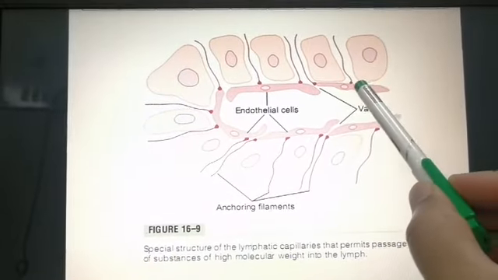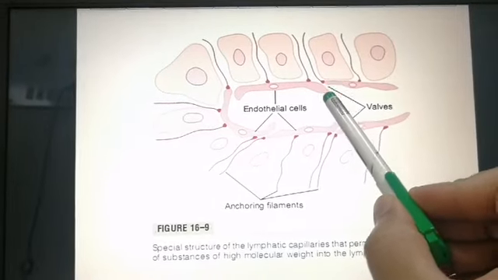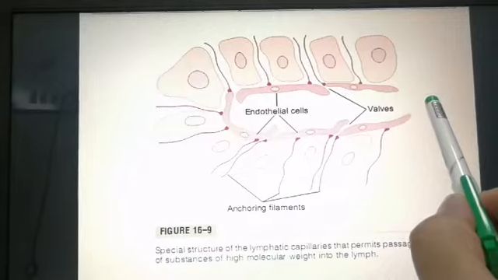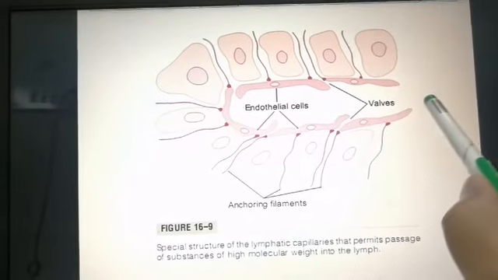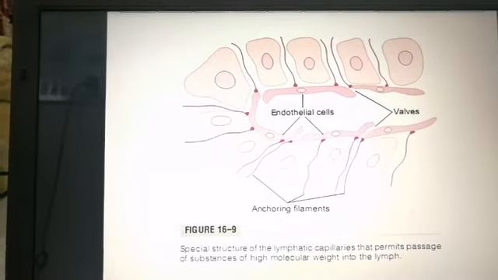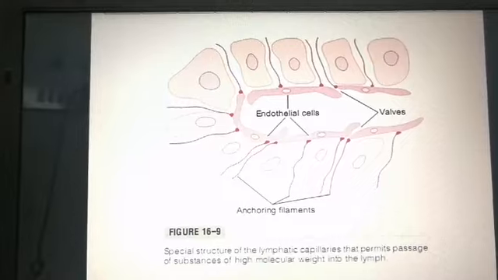This is one endothelial cell, this is another endothelial cell, and they are overlapping each other. This is the valve, and this is the lumen of the lymphatic capillary. So you can see here the valve.